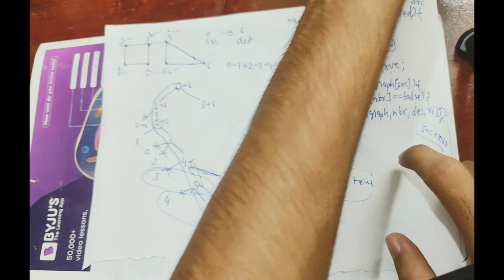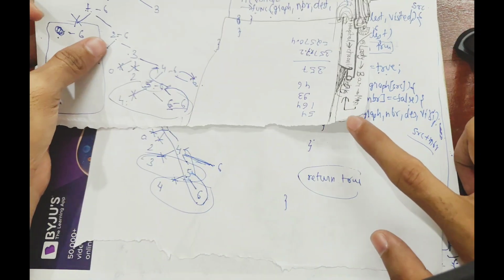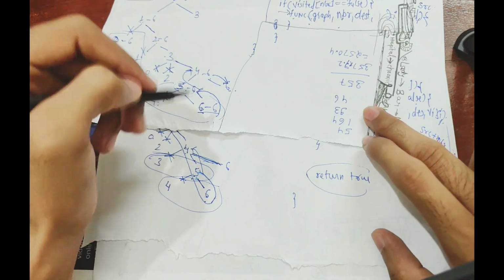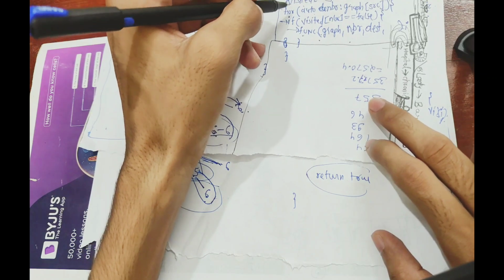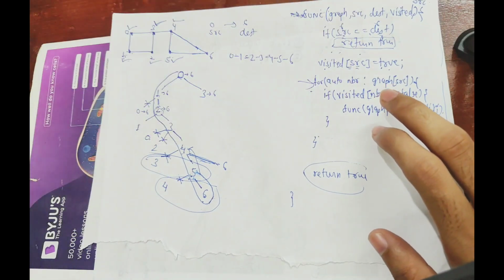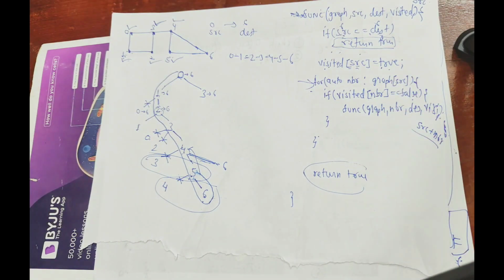In the first part, you have seen that we are at 4 and at this point inside this. I think there is one more thing.